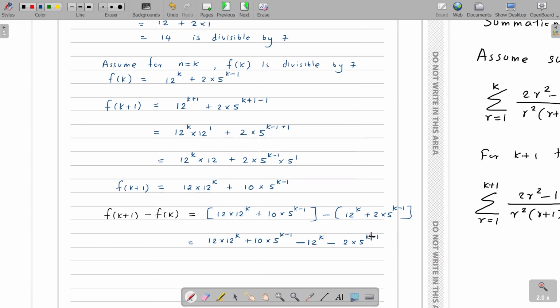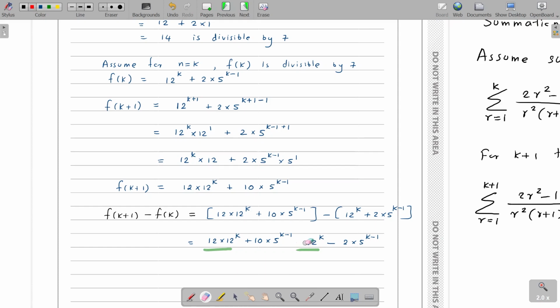Here I have 12 into 12 to the power k. Here I have just 12 to the power k. Can I simplify these two? Here there are 12 times 12^k. Here it is minus 12^k, which means minus 1 times 12^k.